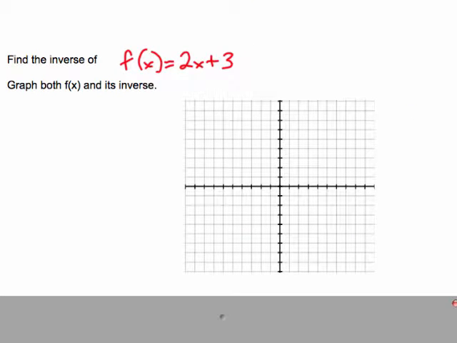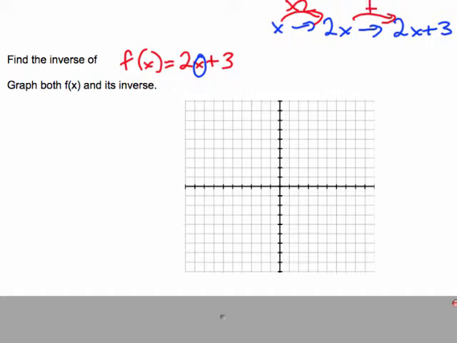So let's look at this concept in a little bit more depth. I have a relation here in which I'm taking a value of x, I'm doubling it, and then I'm adding 3 to it. So the question is, what is the inverse of that? I multiplied by 2 and I added 3.